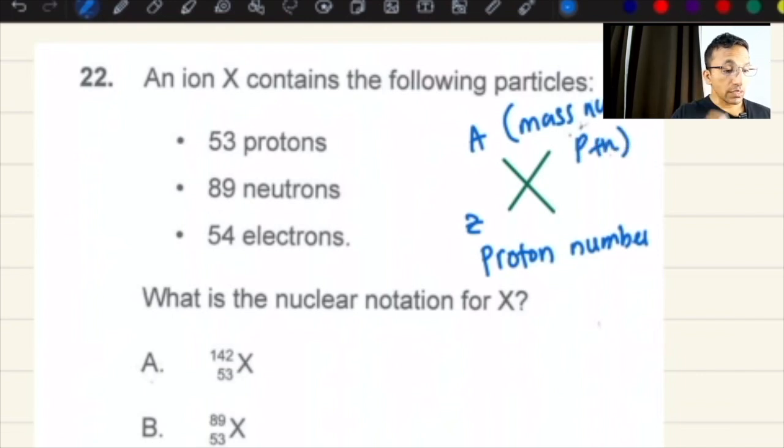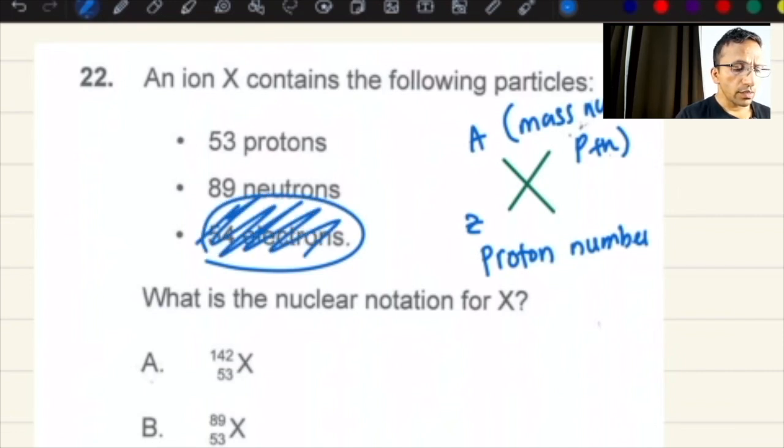So this question's confusion is, what is this 54 electrons? In nuclear notation, we don't care about electrons. If the electron number is different from proton number, the atom will end up being an ion. But that's not our problem. We only care about protons and neutrons.